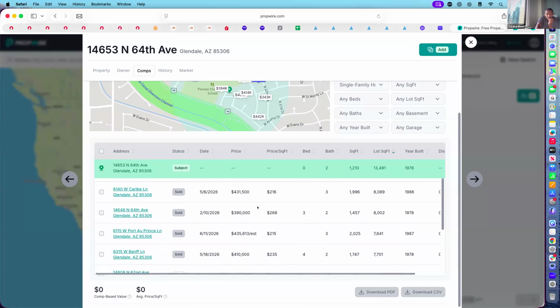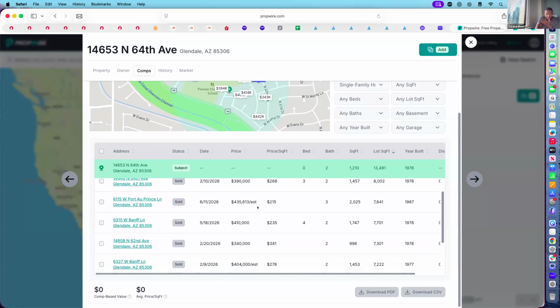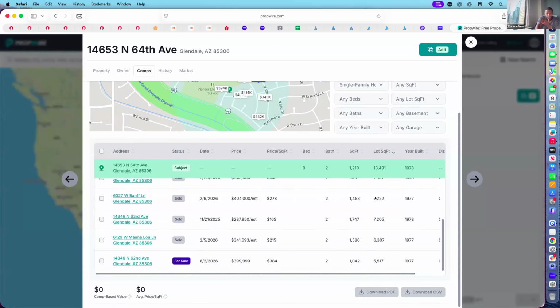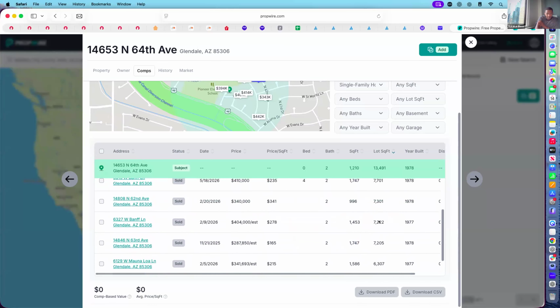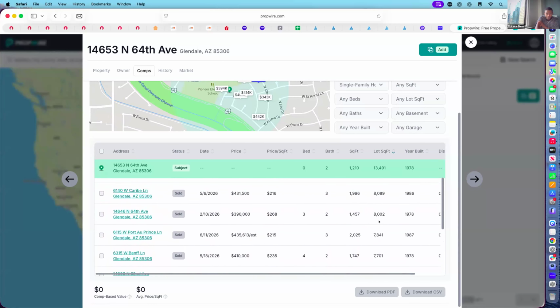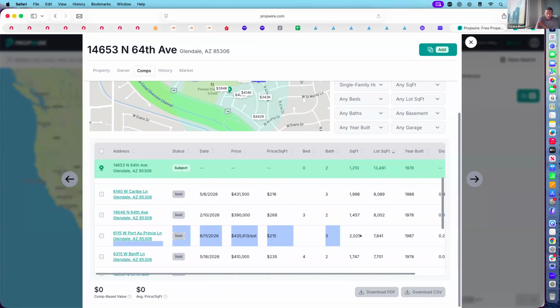There's nothing else that's even close. The square footages of the lots don't correlate. Okay, they built a bigger home because they have this much square footage. Like this is 1,700 square feet on a 7,000 square foot lot. 2,000 square feet on a 7,000 square foot lot, that's another higher one, 435.